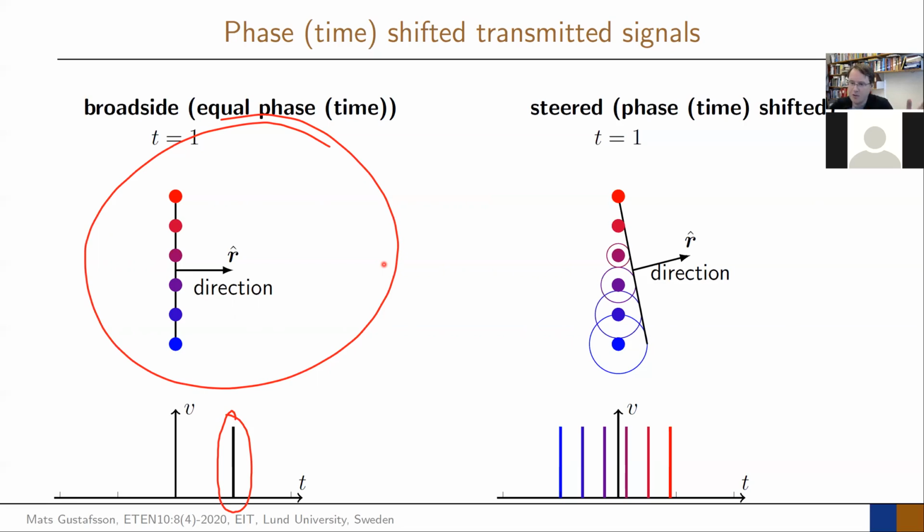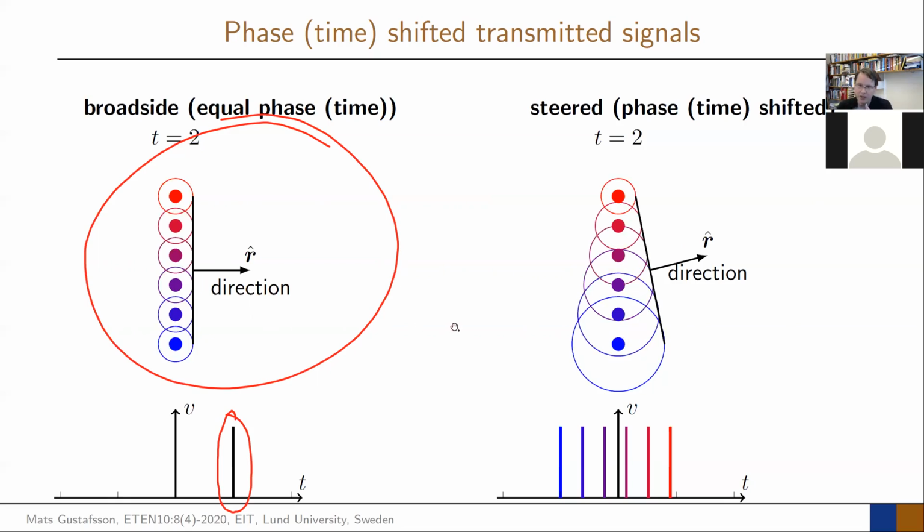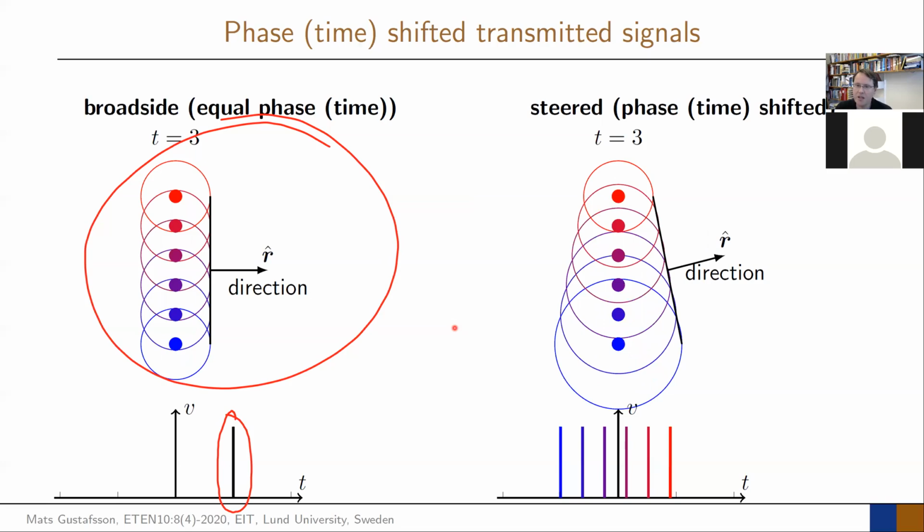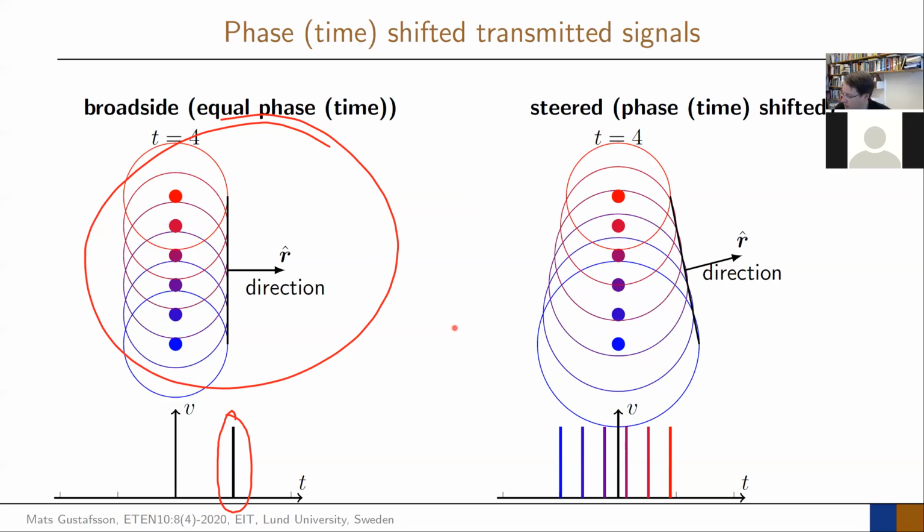It will be the same if it's an electromagnetic wave or an acoustic wave. It doesn't matter. It propagates with some finite speed. And I now send it from all elements at once. And if I do that in this case, all of them will, of course, the wavefront will move forward a certain distance when time moves up. And in these cases, I just make it move in a direction straight out here.